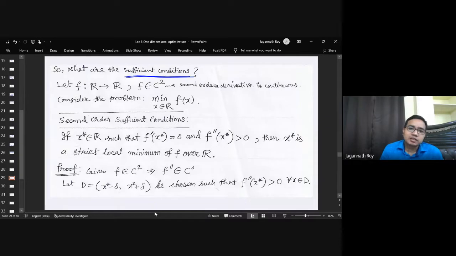So in order to guarantee that there is a local optimum, we have to state the theorem.